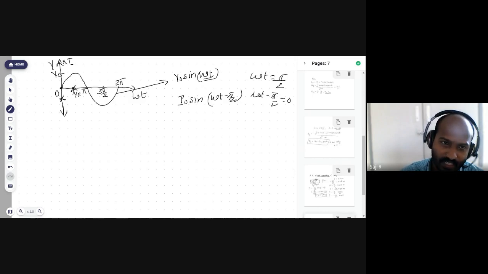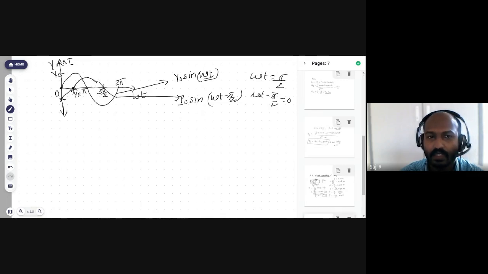The graph starts from here and moves like this. This is the graph for the current flowing through the circuit. This graph implies that there is a phase difference between voltage and current.